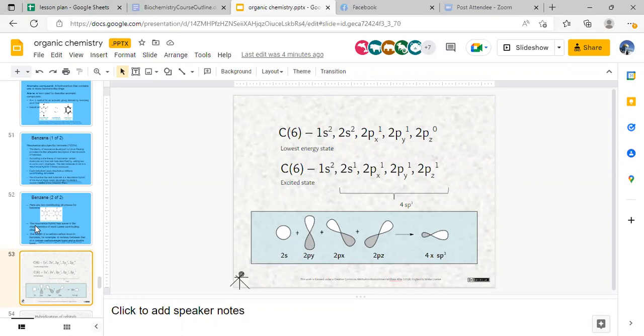Using the Bohr model, yun yung pinakasimpleng way para makita yung bonding. Kaya yan ang ginagamit natin. Pero yun nga, due to quantum mechanics, mas naging complicated yung explanation ng mga orbitals, which I don't want to go into the details masyado, no.